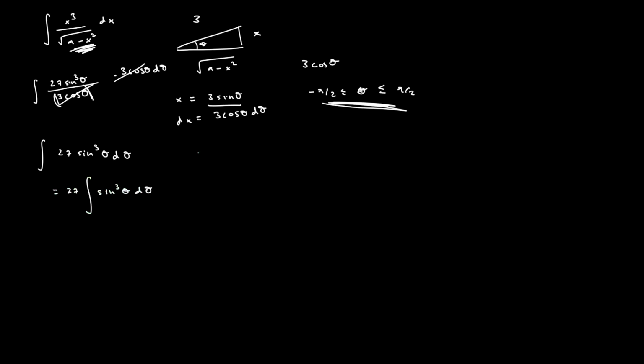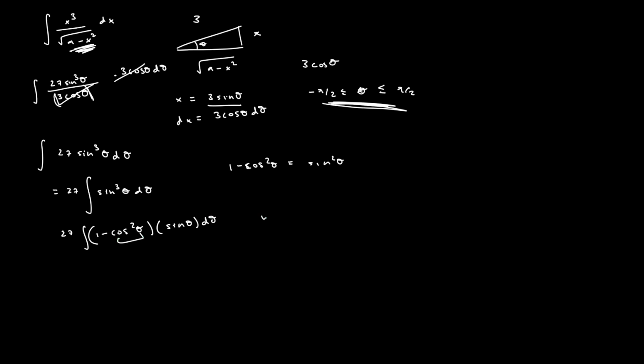One way we can solve this integral is, we know that sine cubed theta is sine squared theta times sine theta, and 1 minus cosine squared theta is equal to sine squared theta, and this is from the trigonometric identities as well. So we can re-express this as 1 minus cosine squared theta times sine theta d theta. And the reason I did that is because now you can use a u substitution.